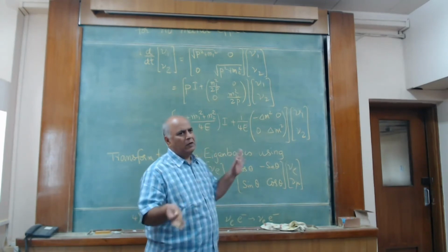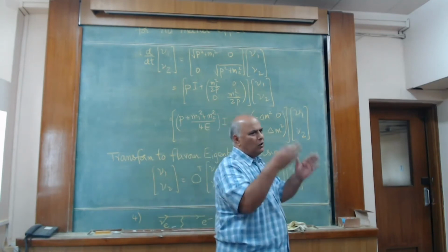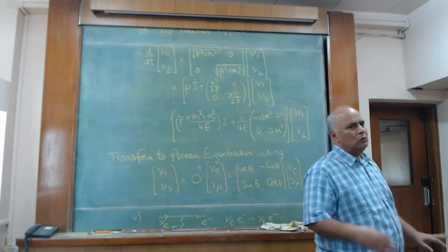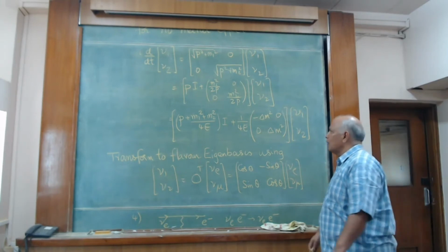Usually the mixing we introduce as nu e nu mu is equal to O times nu 1 nu 2.